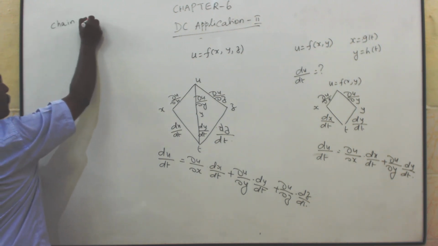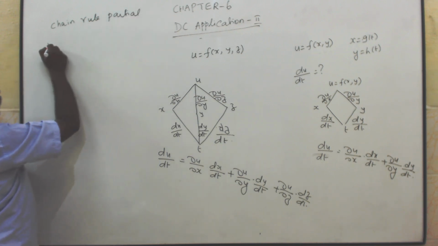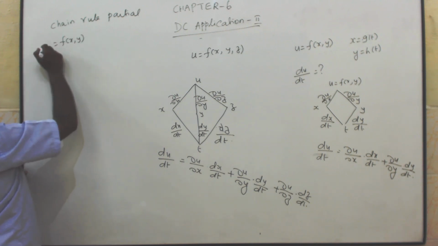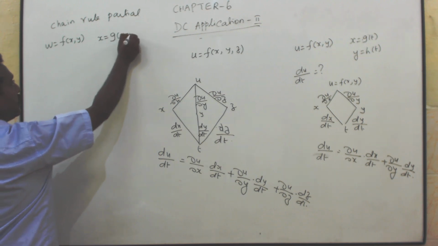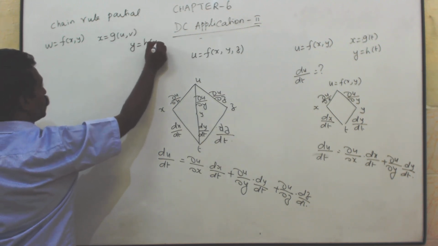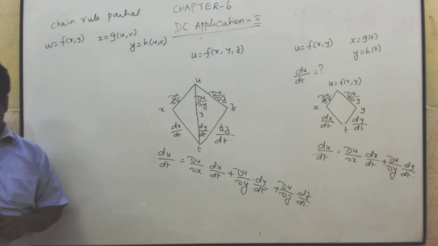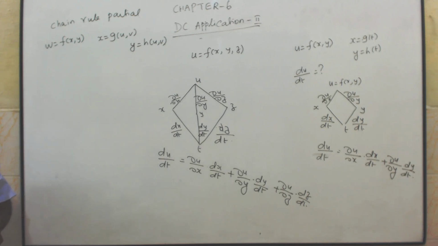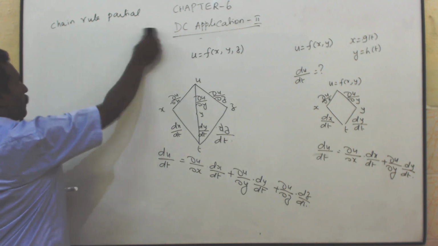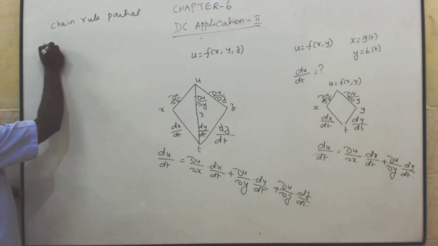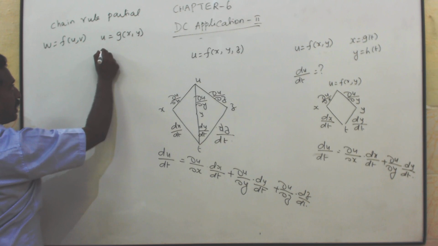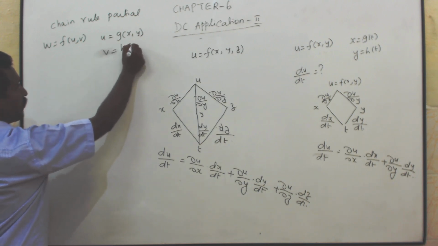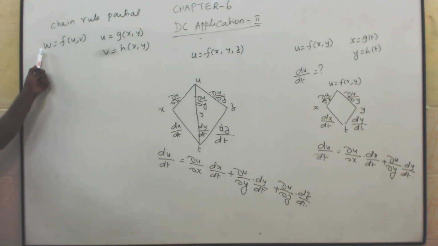Chain rule for partial derivatives. For example, w is a function of u and v, where u is a function of x and y, and v is also a function of x and y. Here we find the partial differentiation dou w by dou u and dou w by dou v.